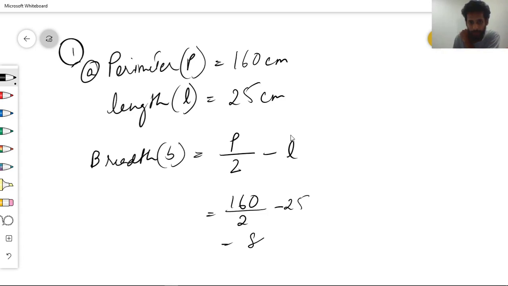So here 80 minus 25, it will be 55 centimeter.